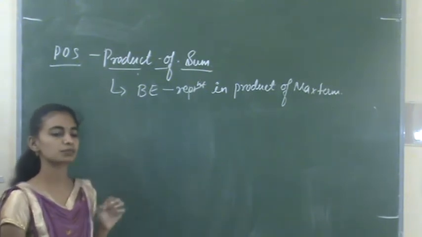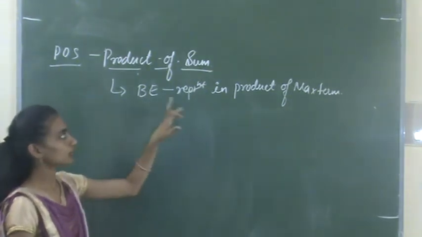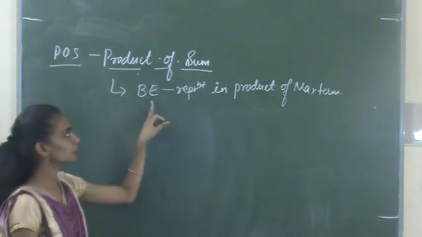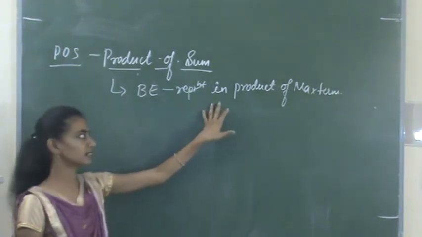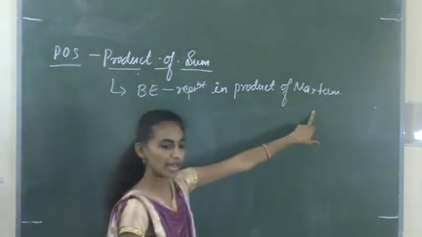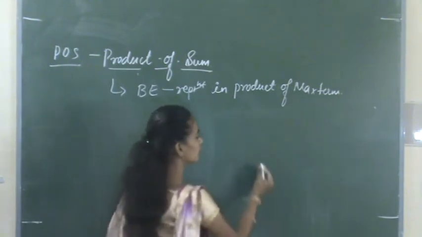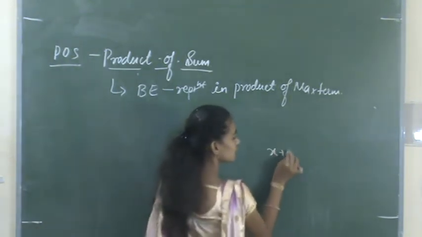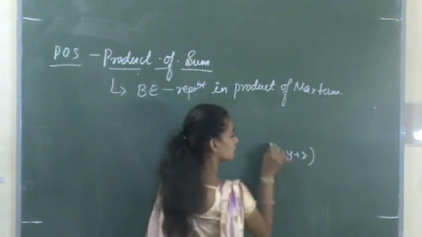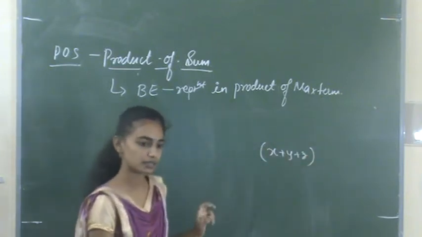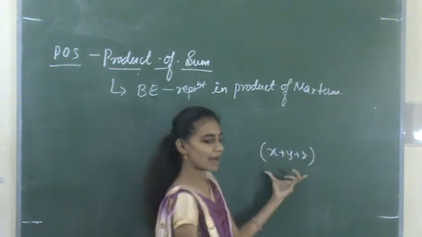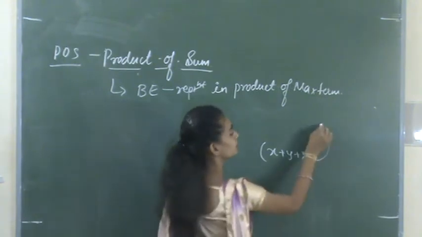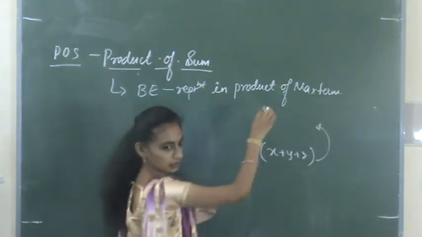Okay. So what does POS mean? Product of sum. So when a Boolean expression is represented in product of max terms. So how do we represent a max term? Like this, right? Y plus z. So this is a max term. These max terms will be multiplied.